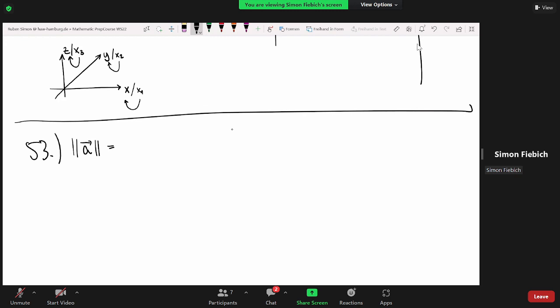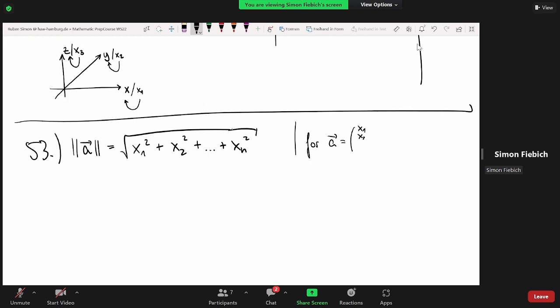We calculated it by taking its coordinates, squaring them, adding them together, and at the end taking the square root. Okay, so for a equal to x1, x2, up to xn.